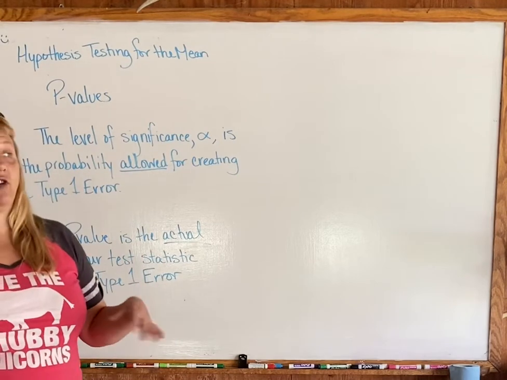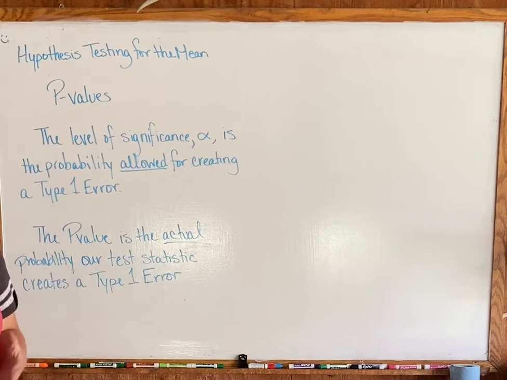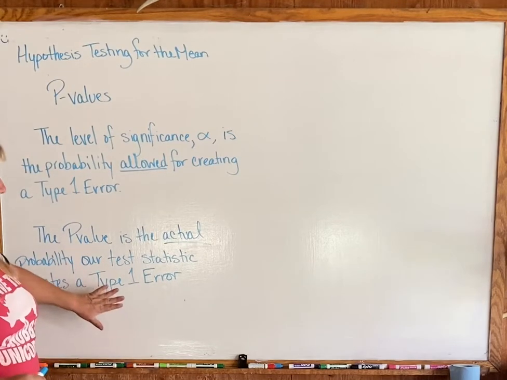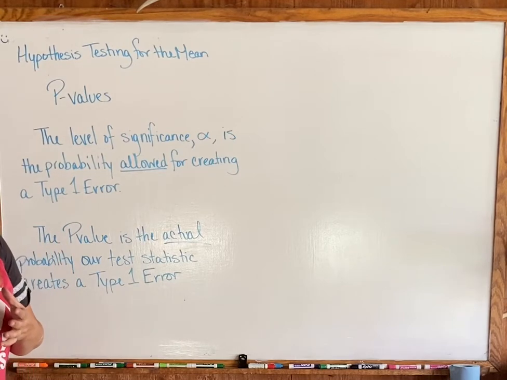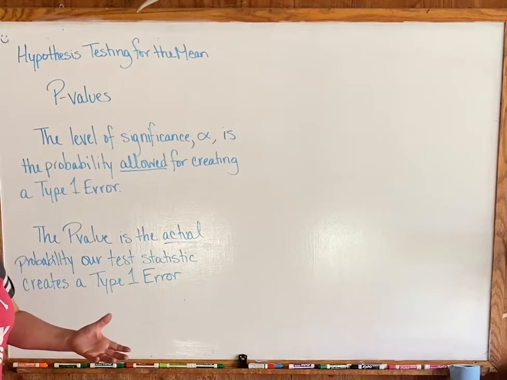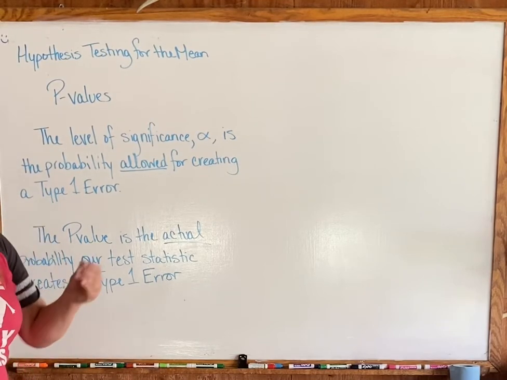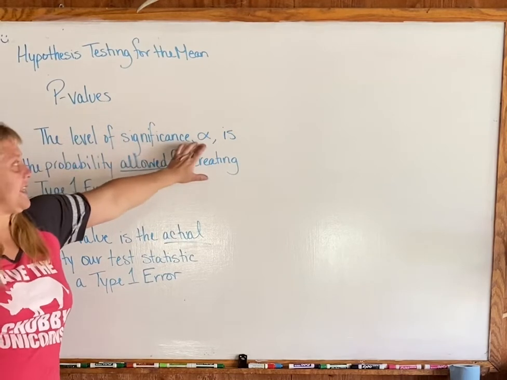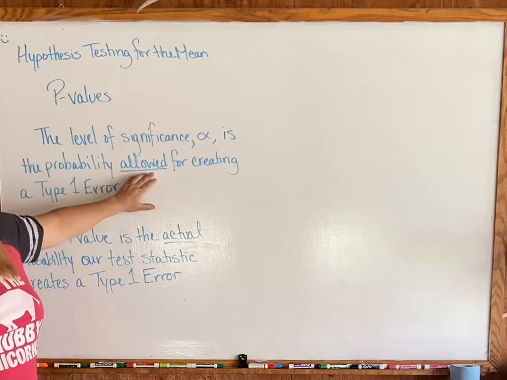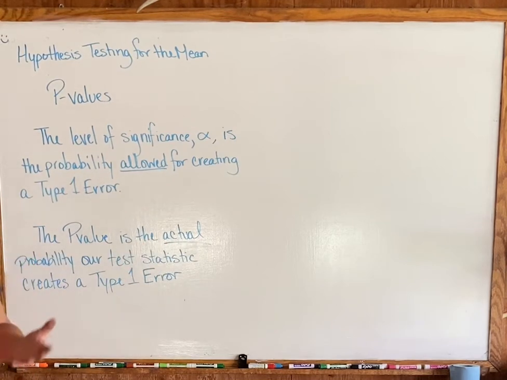After we have gone out and collected our data and run our tests, what comes back is a p-value which says what the probability is that we actually did create a type 1 error. Because again, we can't be perfect. There's always a chance that we did create that type 1 error. The level of significance alpha is what we are allowed. The p-value is what actually comes back after we've done the whole problem.